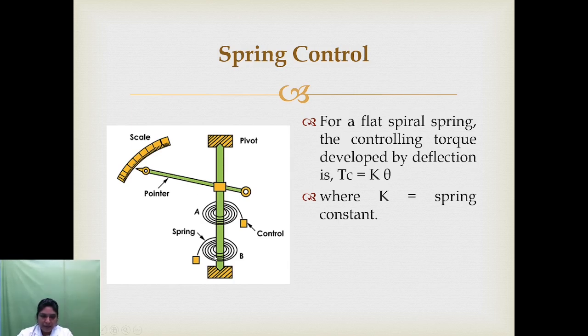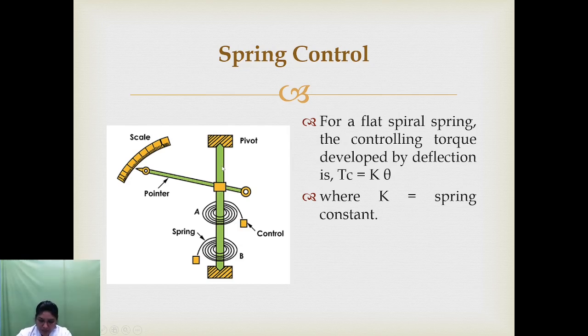Here this is a spindle, to which we have attached the pointer, and the two hair springs are also attached. The spindle is pivoted at the edges, and the pointer moves over the scale. The springs are made of non-magnetic materials such as silicon bronze, phosphor bronze, and German silver, and most commonly phosphor bronze is preferred.